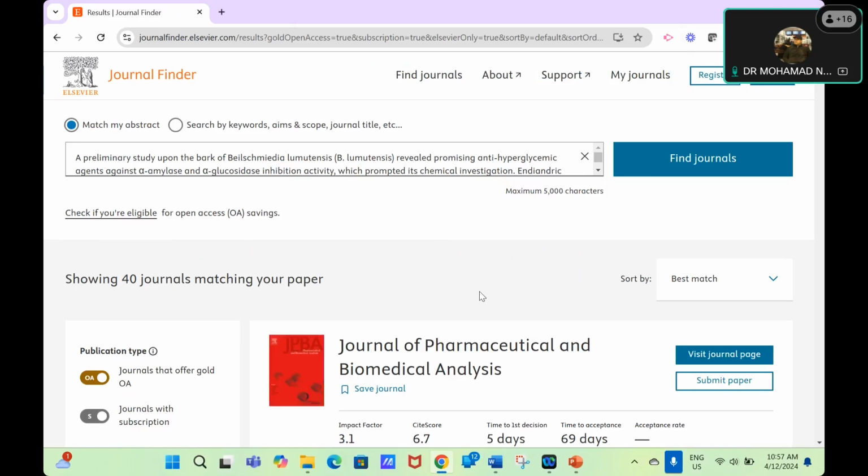They will rank the journals based on the possibility to publish. We have 40 journals matching our abstract, so it's good.